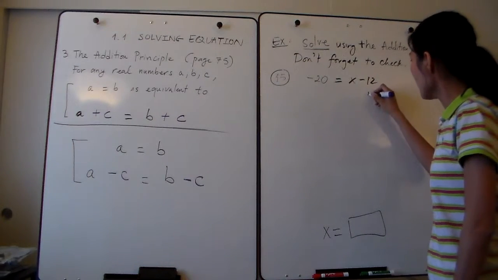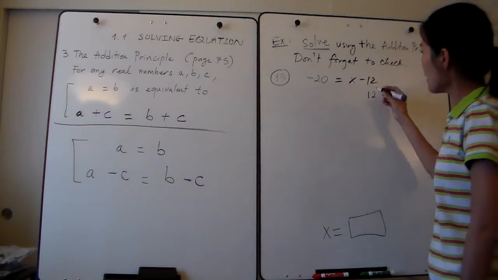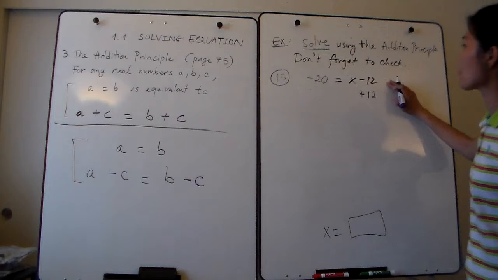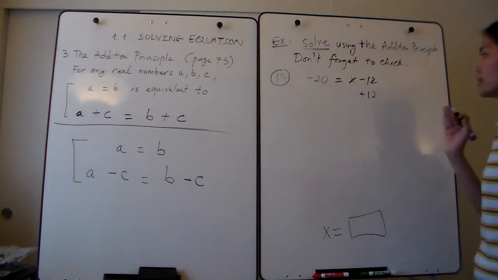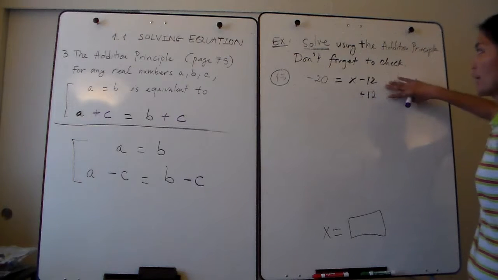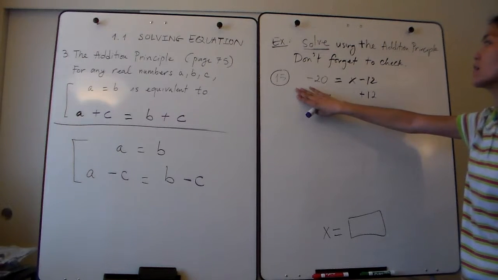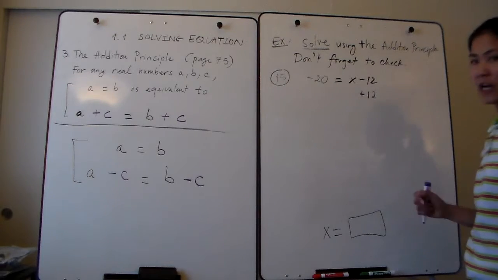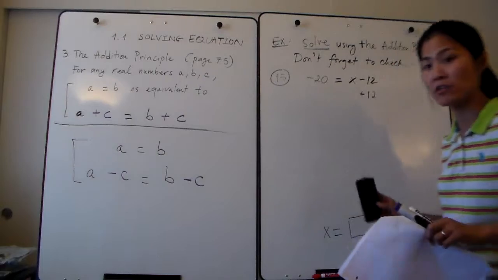If you're adding the same amount, 12, with opposite sign, negative 12 plus 12 is what? 0. So that is what we want. And don't forget, once you add 12 to the right-hand side, you have to add 12 to the left-hand side so that you don't change the original equation. So make sure they are equivalent.